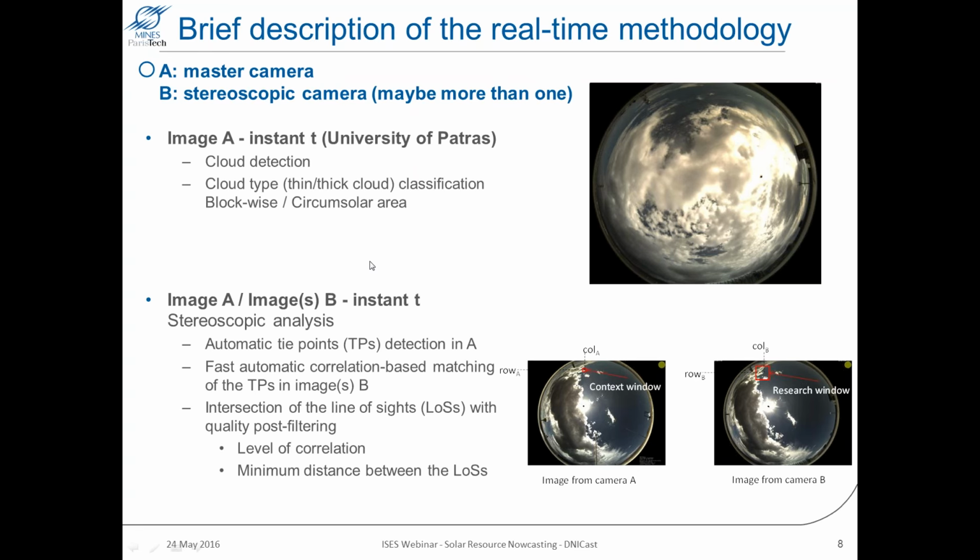Then, considering the two images, image A and image B, at the same instant T, we are doing a stereoscopic analysis by getting automatically tie points on the image A, which means that we try to select cloudy pixels that have enough textural information to do the cross-correlation matching between this pixel in image A and the pixel in image B. Then we have these tie points matched between A and B for different pixels corresponding to the clouds.